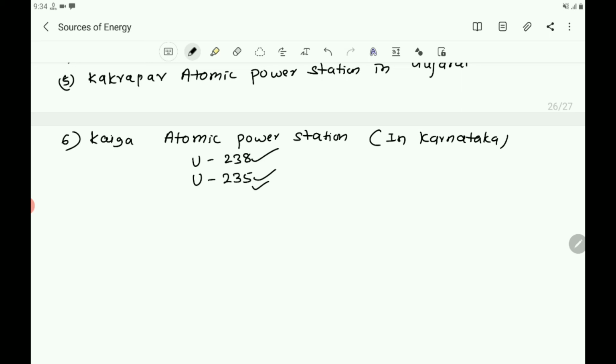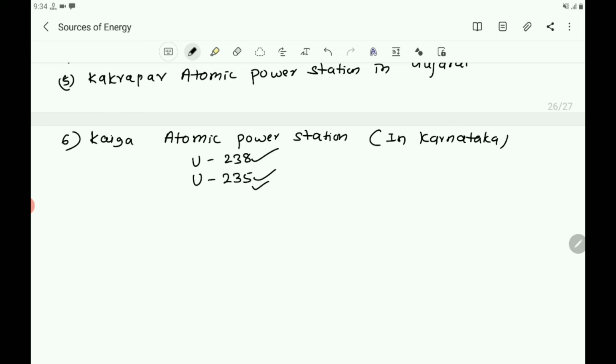To make it fissionable, a sample of uranium is required which contains at least 2 to 3% of uranium 235. This can be done by removing uranium 238 from the sample material by the process known as ultracentrifugal technique.